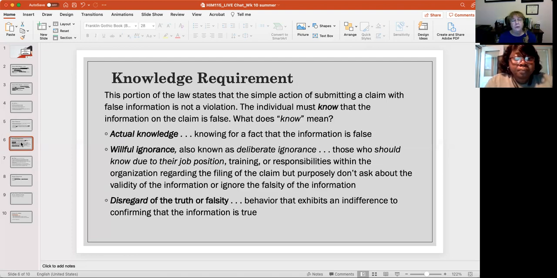The thing about the False Claims Act, both federal and state, written into the law, is it's not just submitting a claim with false information on it. It's that you knew that it was false information.